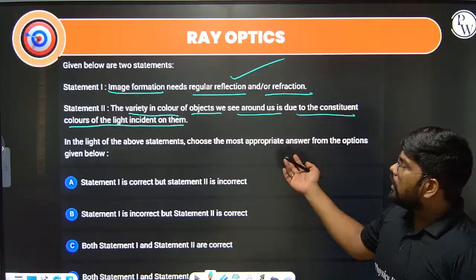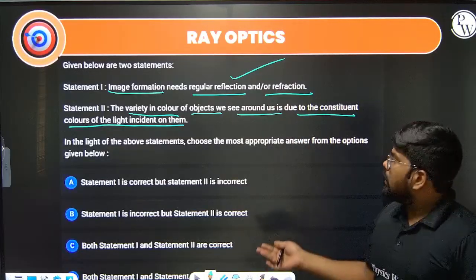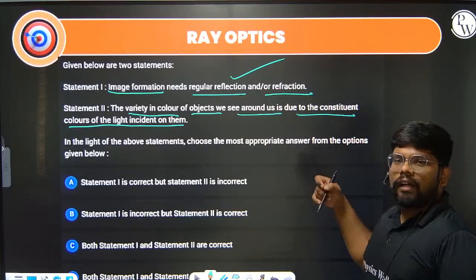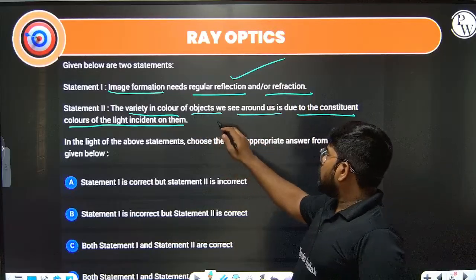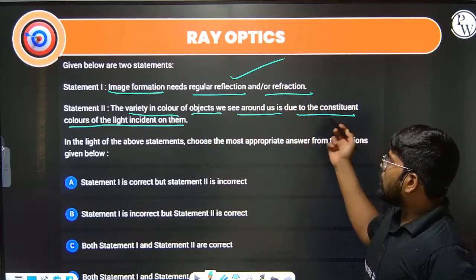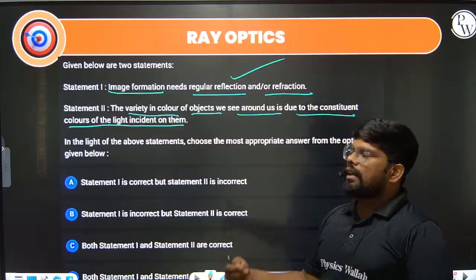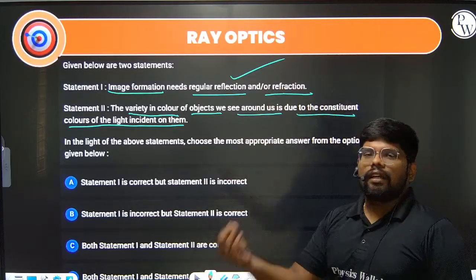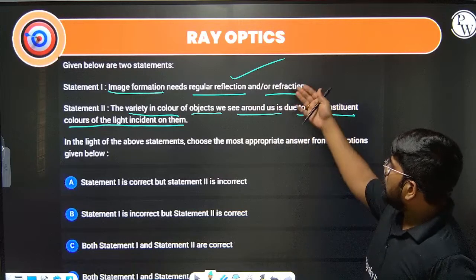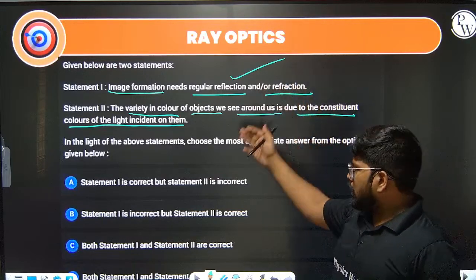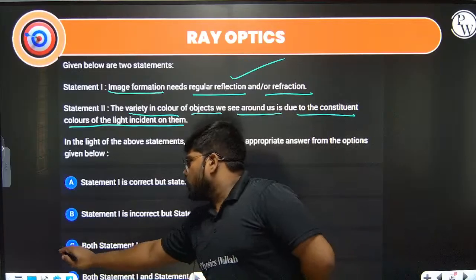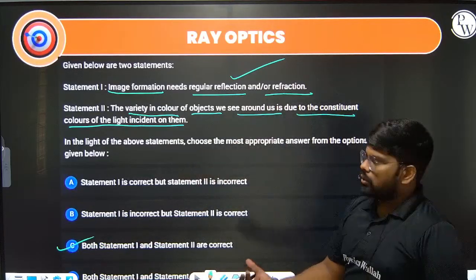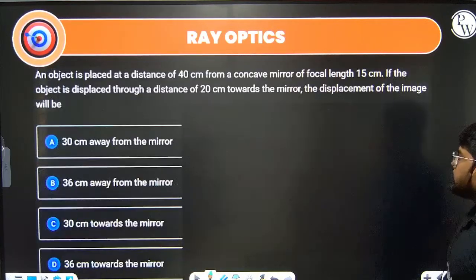What is the reason behind the colors? Yes, if the light has that particular color, then it would be reflected and we can see it. So the first is correct, the second is correct, so both statements are true. Again, basic common sense questions.